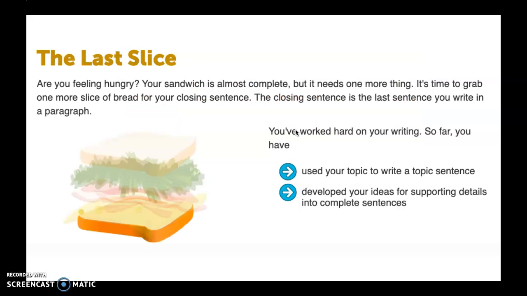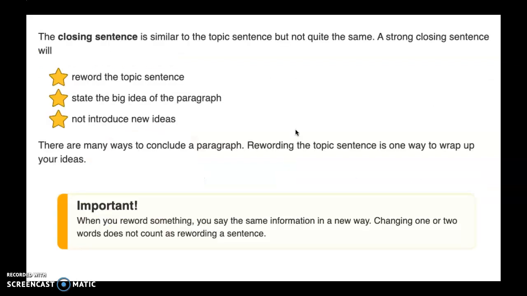So now that we have our great topic sentence and our crunchy details, we need to close that sandwich up. So our sandwich is almost complete, but we need to add that closing sentence. The closing sentence is similar to the topic sentence, but not quite the same.